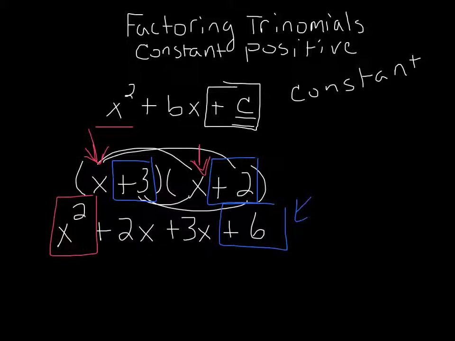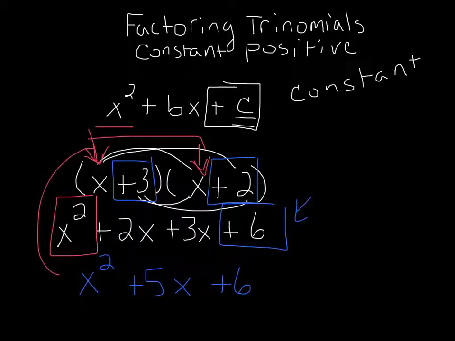Now let's look at our final answer here. We got x squared plus 5x plus 6. The first term in each factor multiplies to be the first term, and the last term in each of the factors multiplies to be the last term.